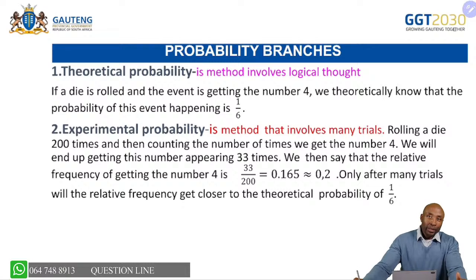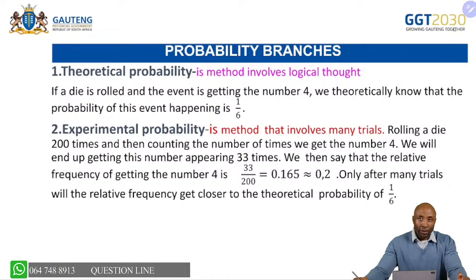And we know that in most cases our experimental probability gets close to our theoretical probability if we do as many trials as we can.